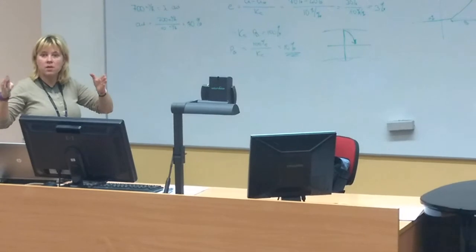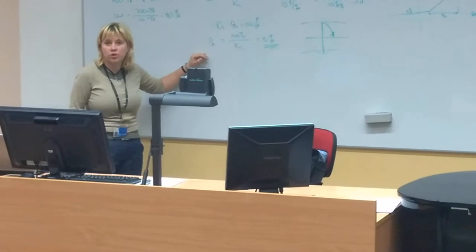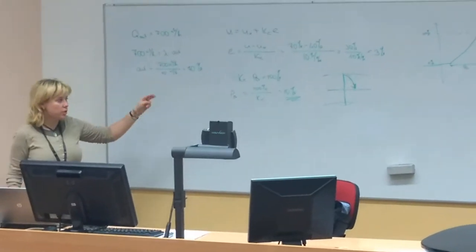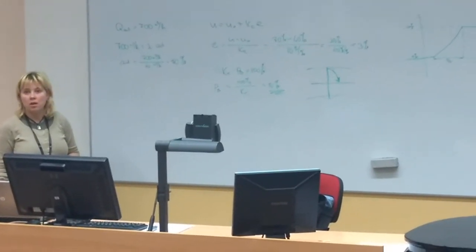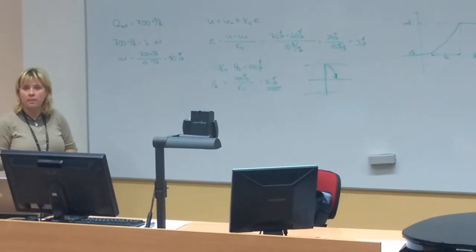So for example, if we know that the thermocouple's whole range is from 0 to 500 degrees, then 10% will be 50 degrees. If we know that the full range is here, for example, 90 degrees, this angle, then 10% will be 9 degrees of that.